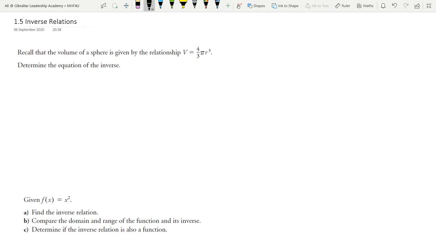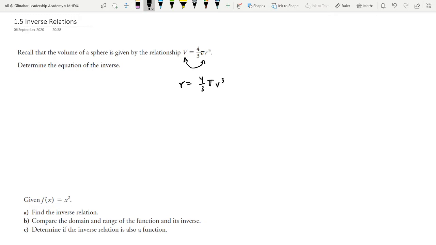Number one, recall that the volume of a sphere is given by the relationship V equals 4 over 3 pi r cubed. Determine the equation of the inverse. I want to go over in this case that if we were to switch V and r, the new relationship would look like this: r equals 4 over 3 pi V cubed.